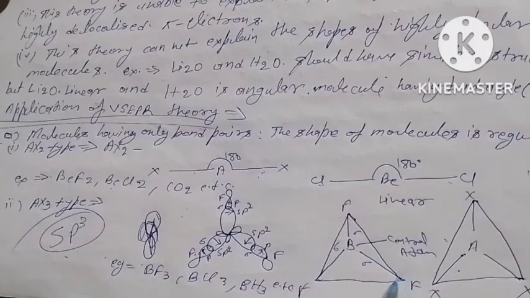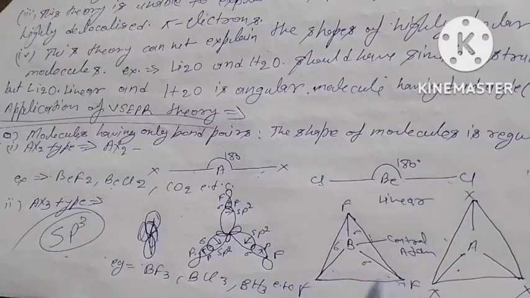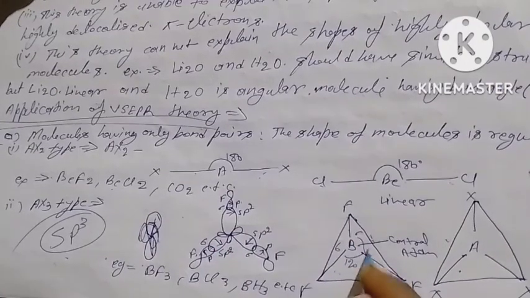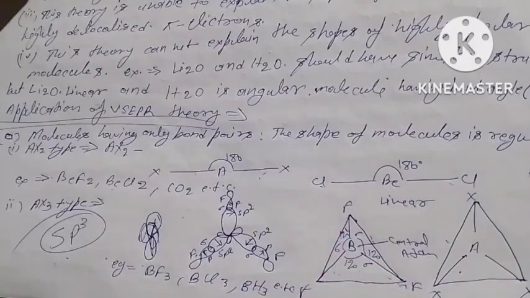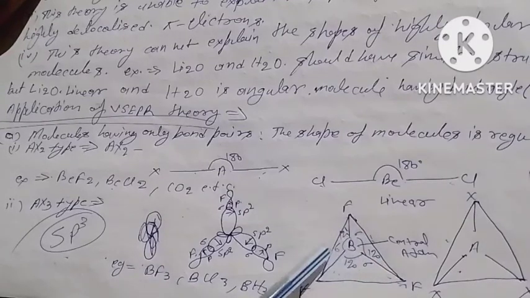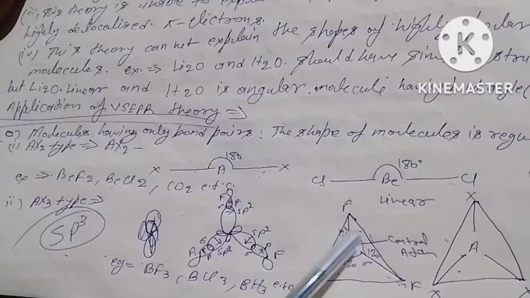B has 3 valence electrons and it forms 3 sigma bonds with 3 fluorine atoms. The 3 electron pair bonds lie at 120 degrees around the central atom of boron.